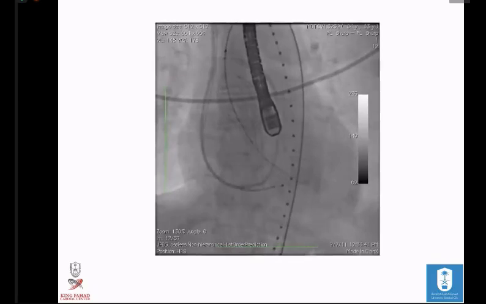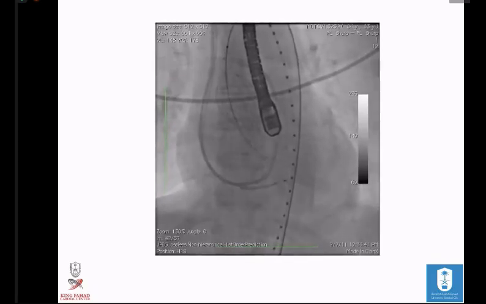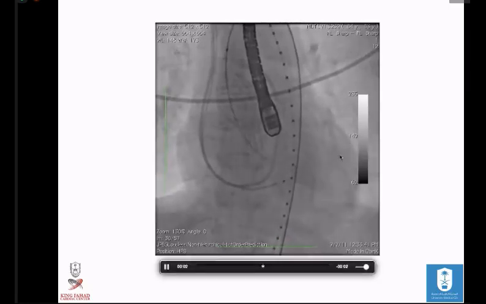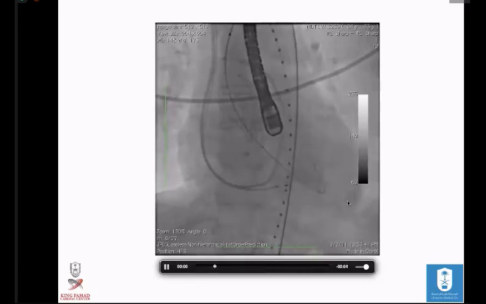The patient starts to be hypotensive, and becomes severely bradycardic, and you can see here there is a double shadow of the heart border.